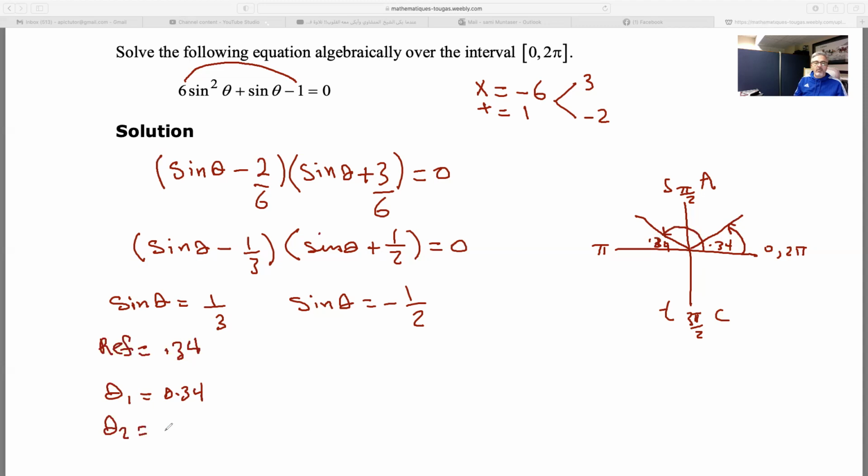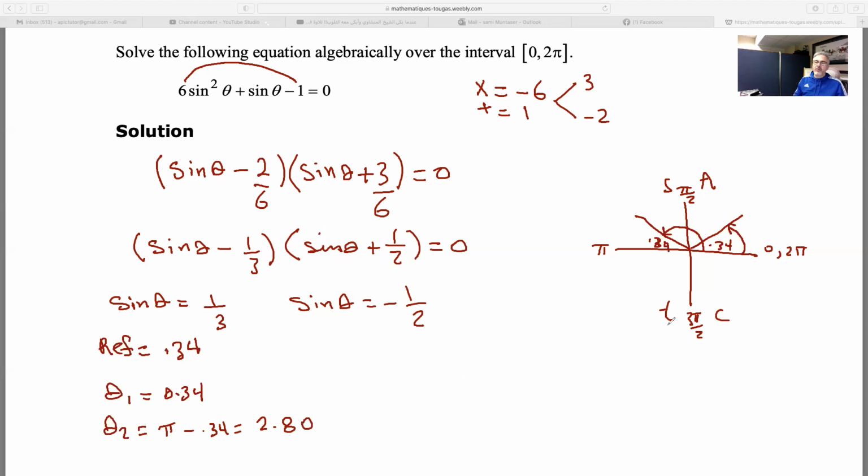So theta 2 will equal pi minus 0.34, which gives me 2.80, to 2 decimals. So that's my theta 2.